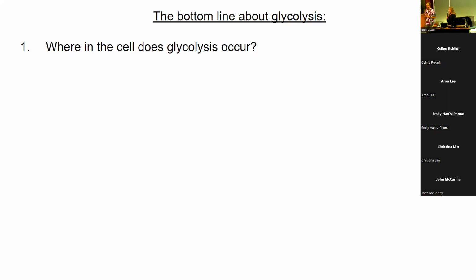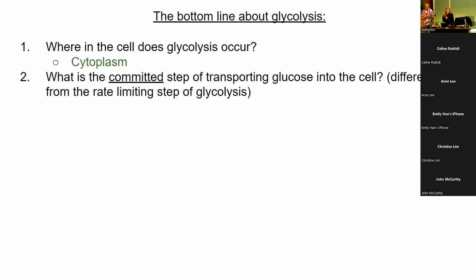Cytoplasm, that's important. Know where every different metabolic pathway takes place, whether it's in the cytoplasm, or in the mitochondrial membrane, or in the mitochondrial matrix. Make sure you are paying attention to that because it can trip you up on questions. So yes, cytoplasm.